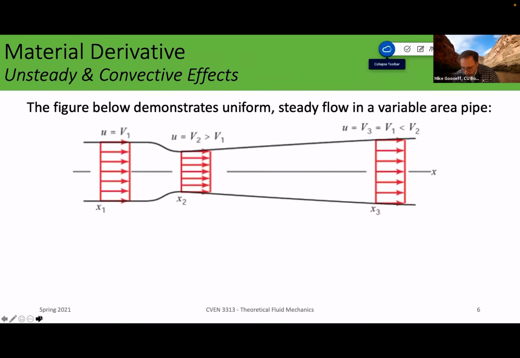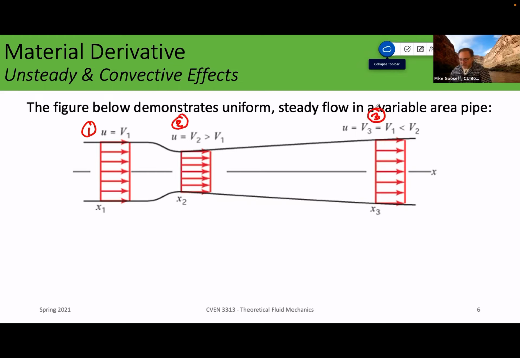Okay, so here is a reducer in a pipe. Flow is moving from left to right. It goes through this little reduction, and then there's a flaring back out. This is point number 1, number 2 is right here, and point number 3 is down here, right?